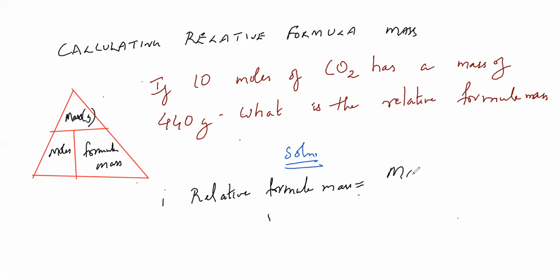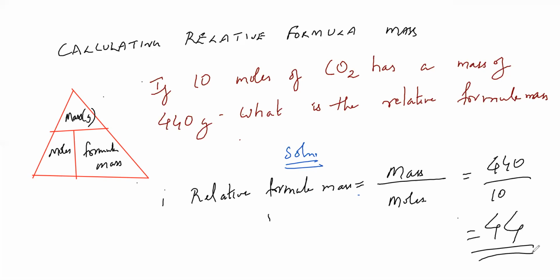Mass is on the top of the triangle, mass by number of moles. Mass is always in grams. So 440, number of moles, 10 moles. We'll very easily get 44 as the answer. That is my relative formula mass of carbon dioxide. Fine.